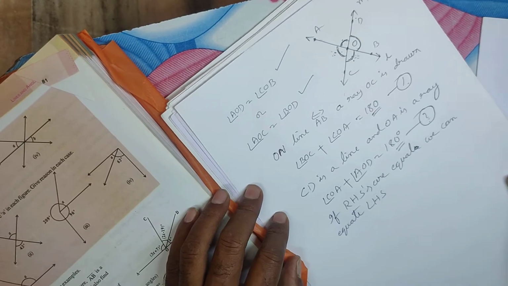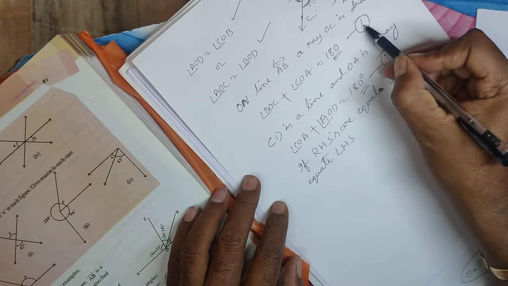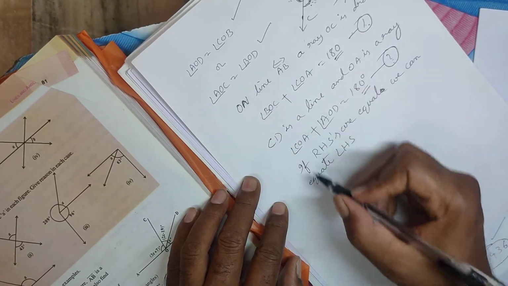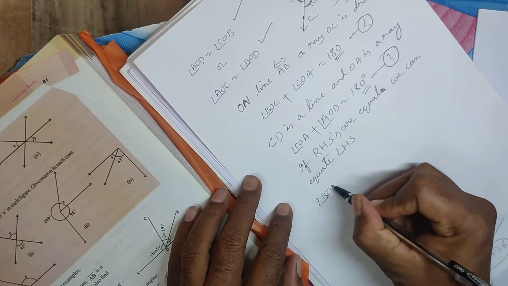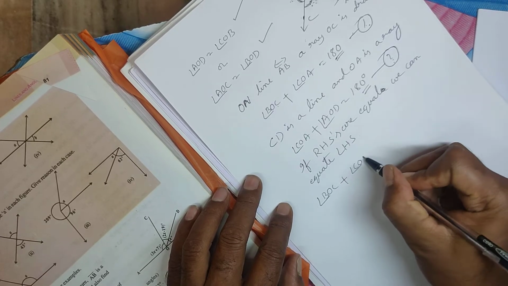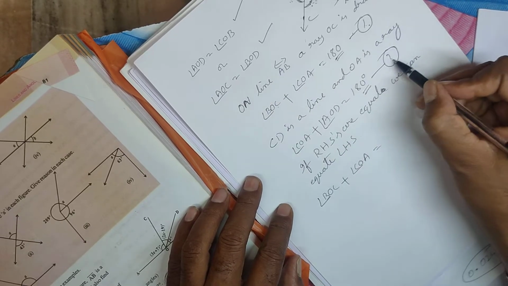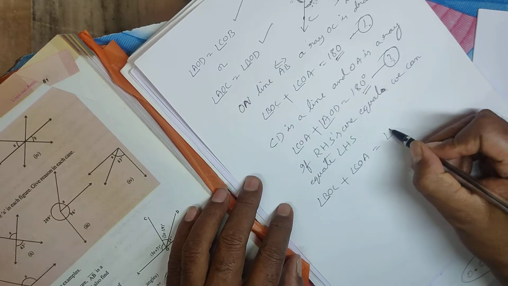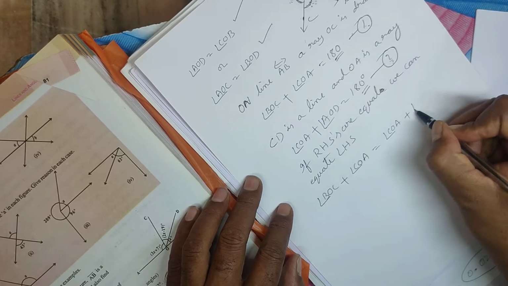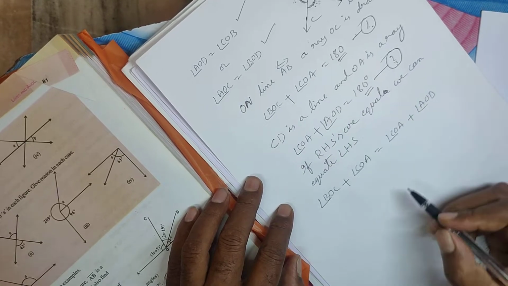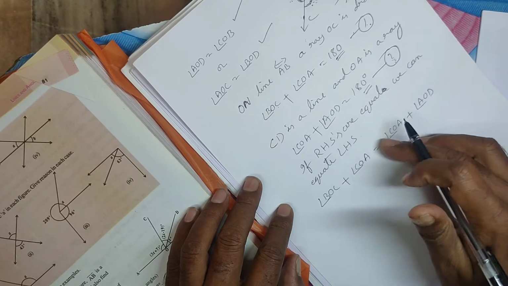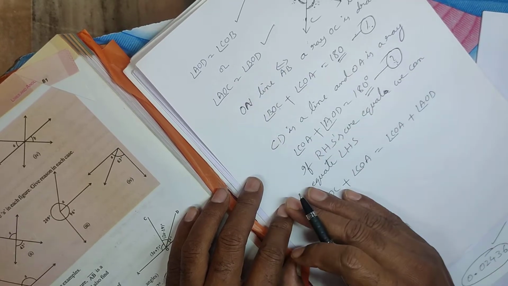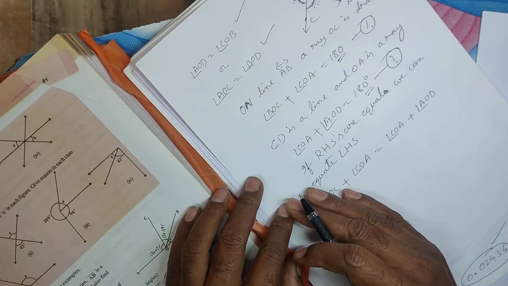So what happens when you equate the LHS? See, first equation's LHS: angle BOC plus angle COA. Second equation's LHS: angle COA plus angle AOD. So angle COA is there on the right-hand side and the left-hand side.